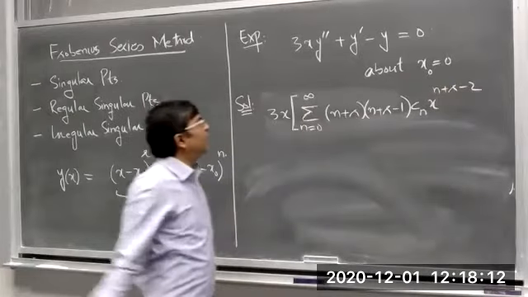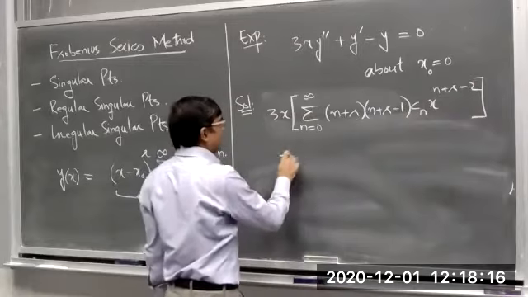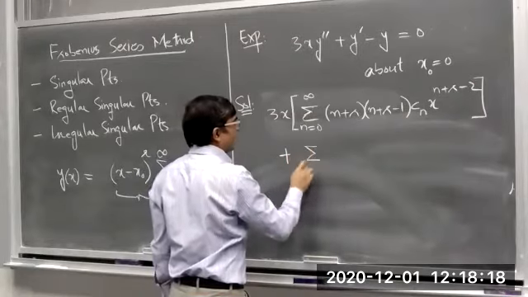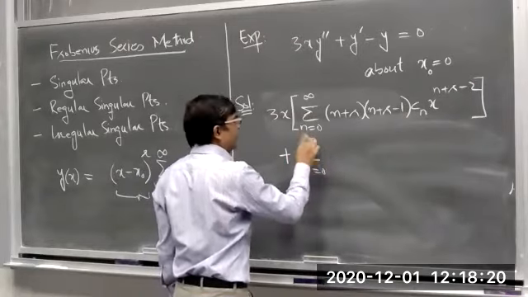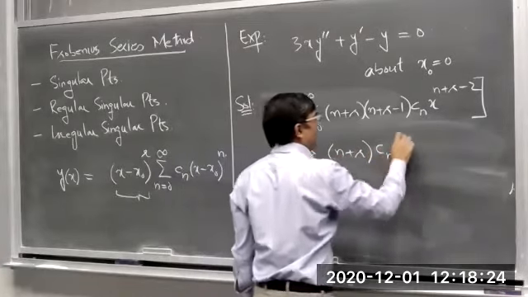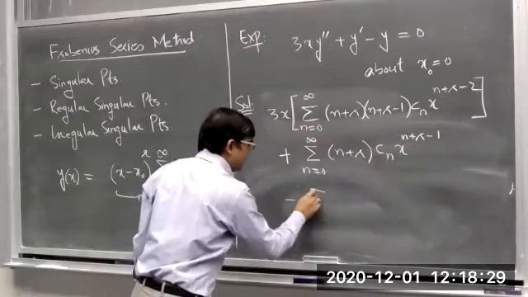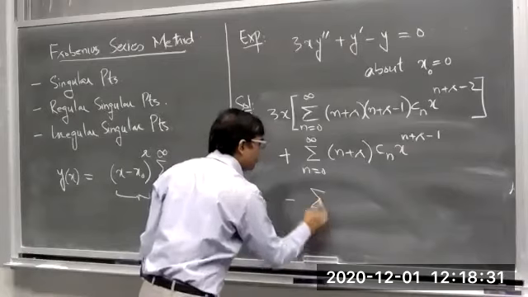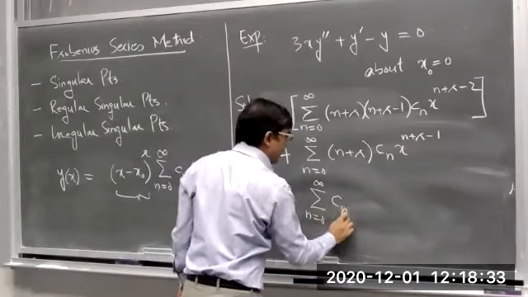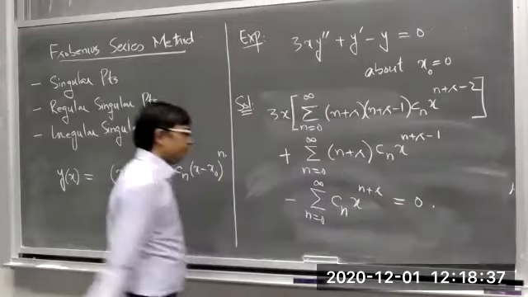This is the first term, y double dash, plus y dash, which is n from 0 to infinity, n plus r, cn x power n plus r minus 1. And the last term is again the series n from 0 to infinity, cn x power n plus r, is equal to 0.